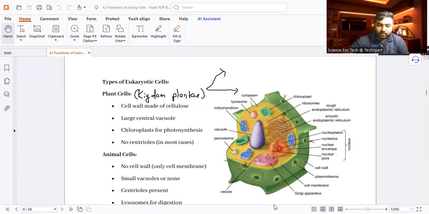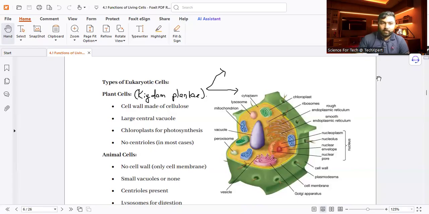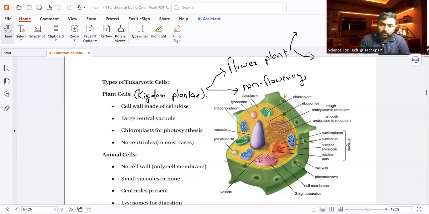Plants can be classified into two main groups: flowering plants and non-flowering plants. Flowering plants can again be categorized into two groups.